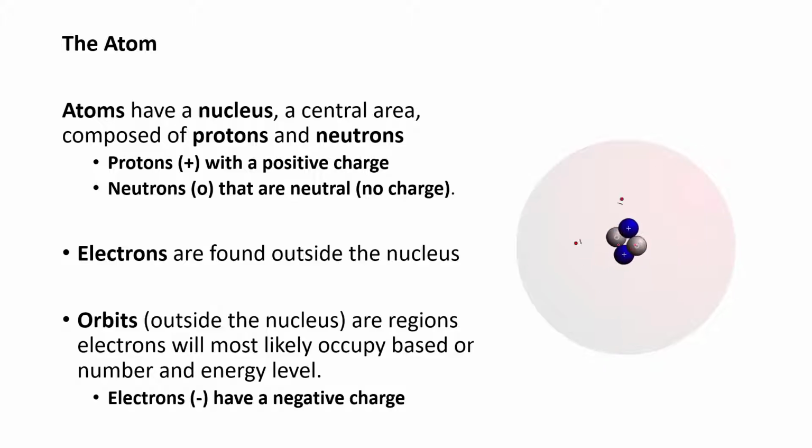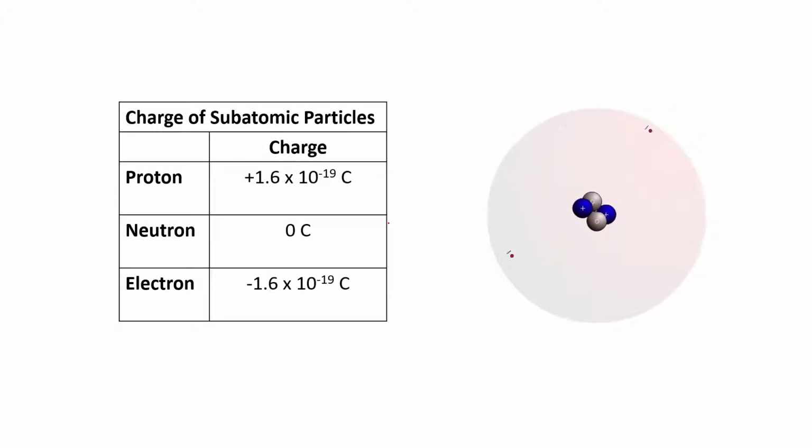Everything in the nucleus is confined, but electrons, you're going to see later on, can be shared. Outer electrons can be shared with other objects. So orbits is just the outside, where we say the electrons are. And electrons have that negative charge. If I drew it out, it has a little negative next to it, but it's too fast to see in this animation because electrons are just flinging all over the place.